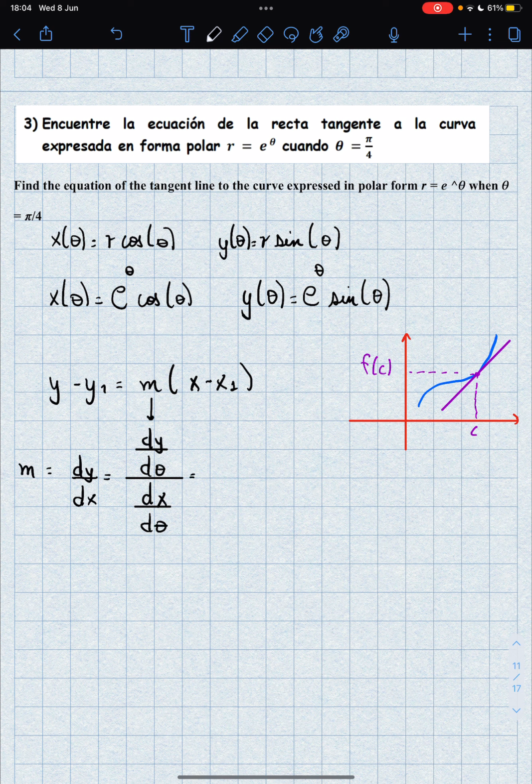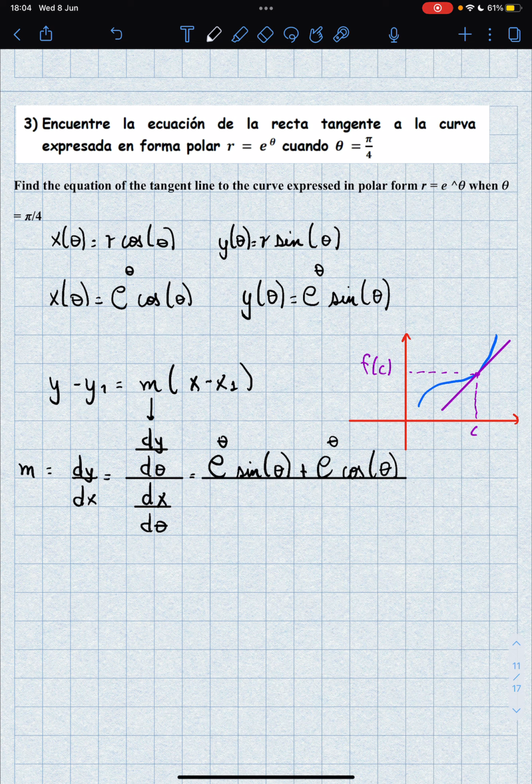And this is good, no problem. If I derive this, dy/d theta is going to be e to the theta sine of theta plus e to the theta cosine of theta.